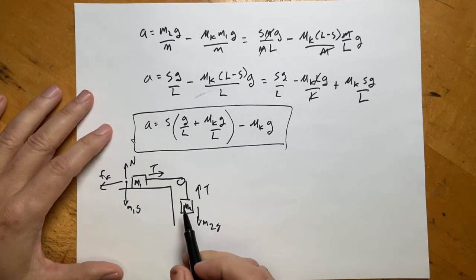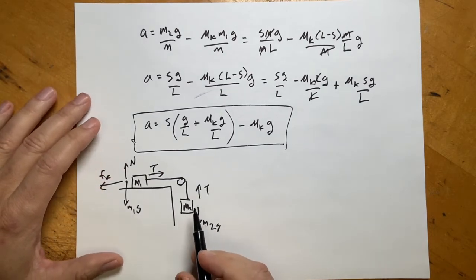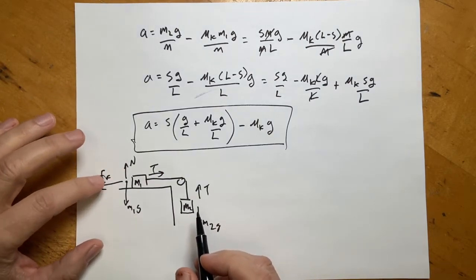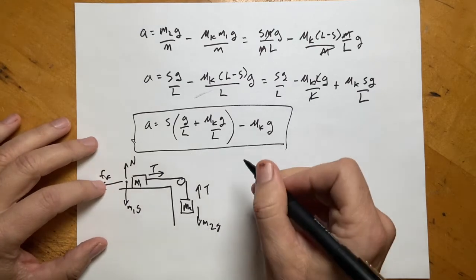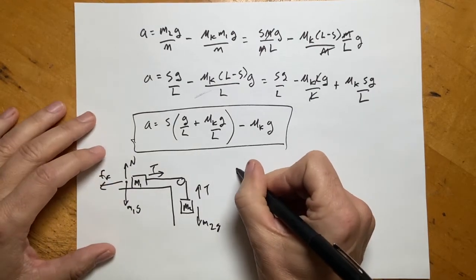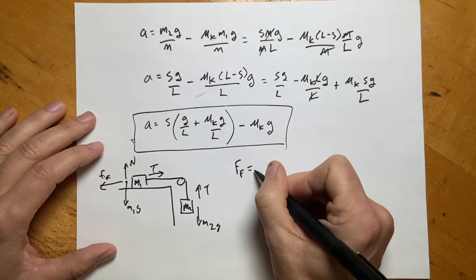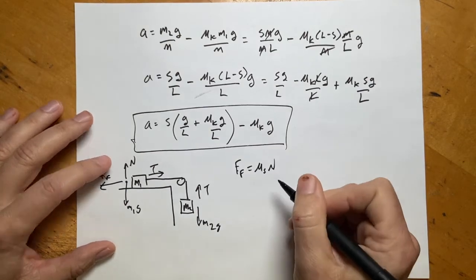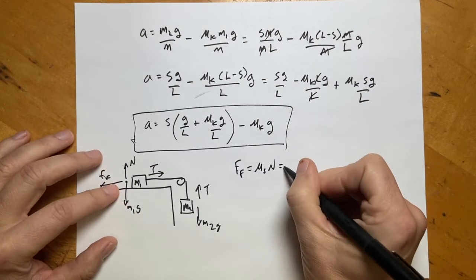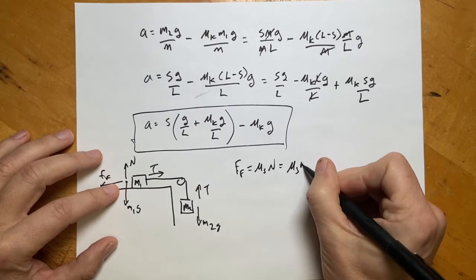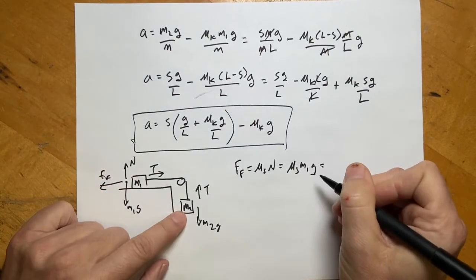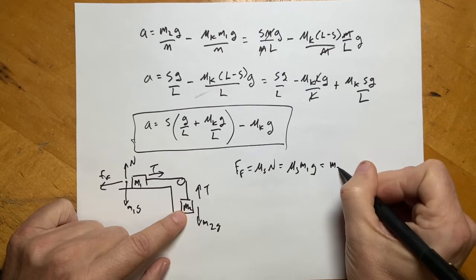Well, let's just set it up and see. Okay, so maximum friction is equal to the coefficient of static friction times the normal force, and that's going to be the coefficient of static friction times m1g. And I want that equal to this weight over here, m2g.